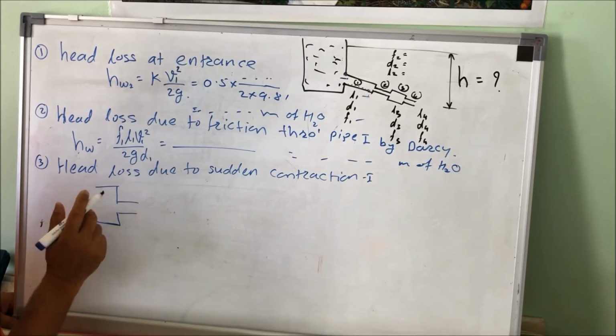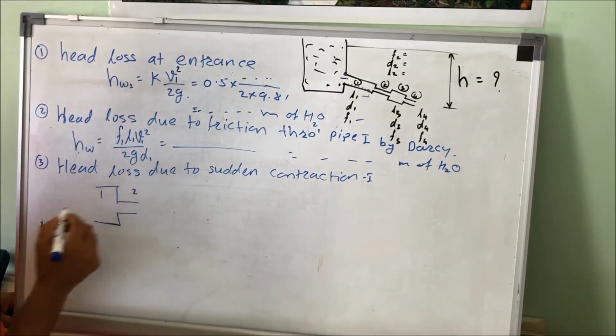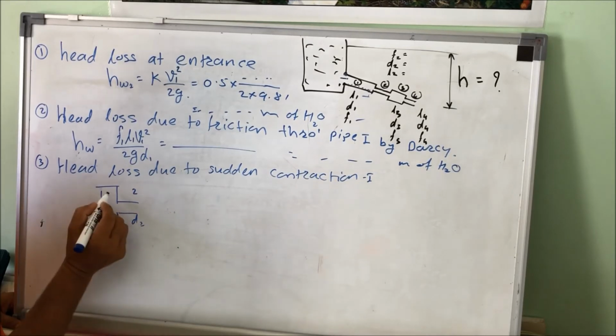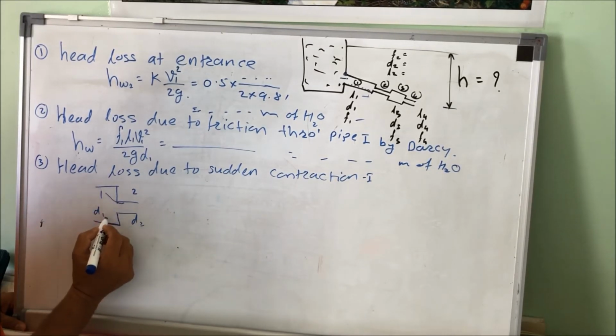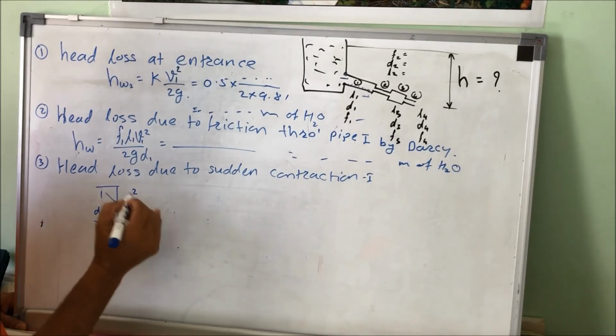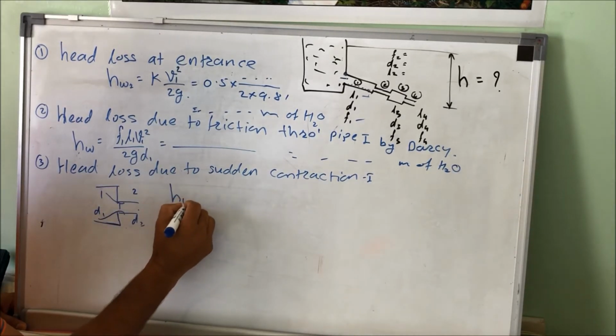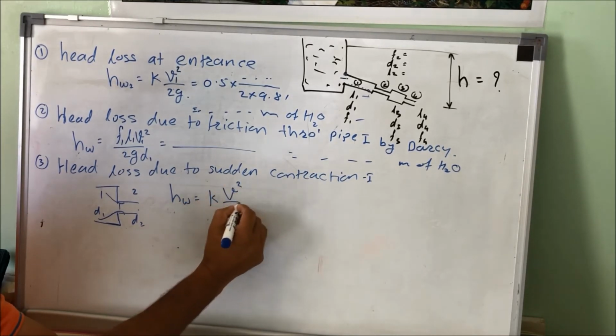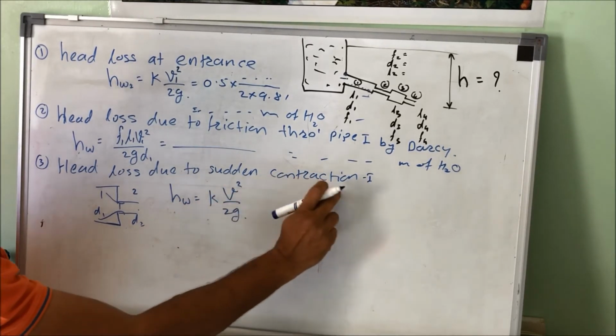Inlet is 1, outlet is 2. So here it is D1 and here it is D2. Water will flow like this. So what is the formula for head loss? Head loss is equal to K V square over 2g. So this is sudden contraction.